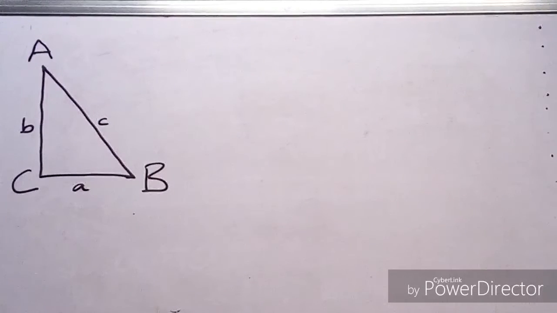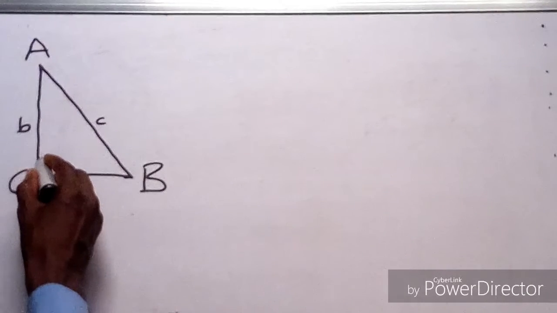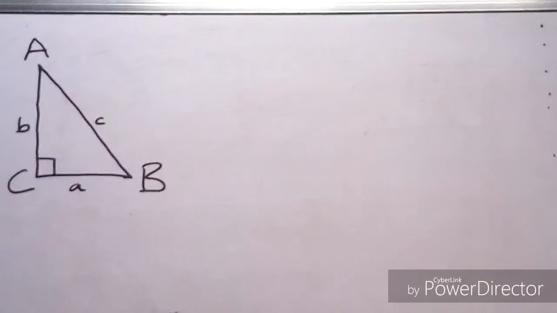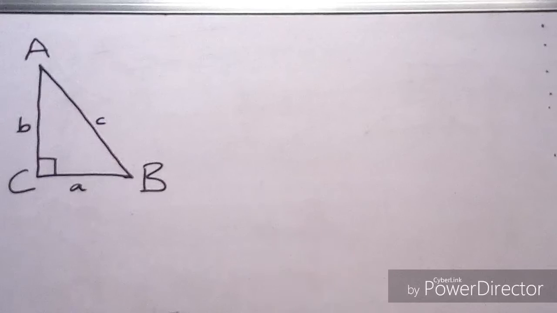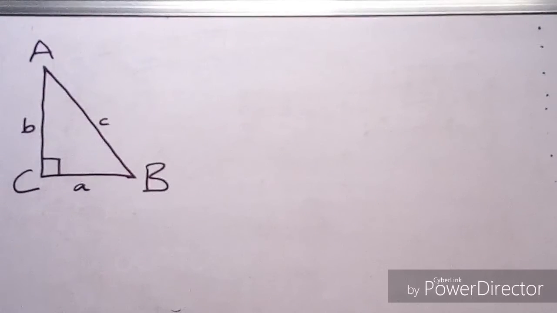And we have the angle 90 at C. Now this is a right triangle because it contains the right angle, or you can refer to it as a right angled triangle. Now the sides and the angles of this right triangle can be solved using the trigonometric ratios.